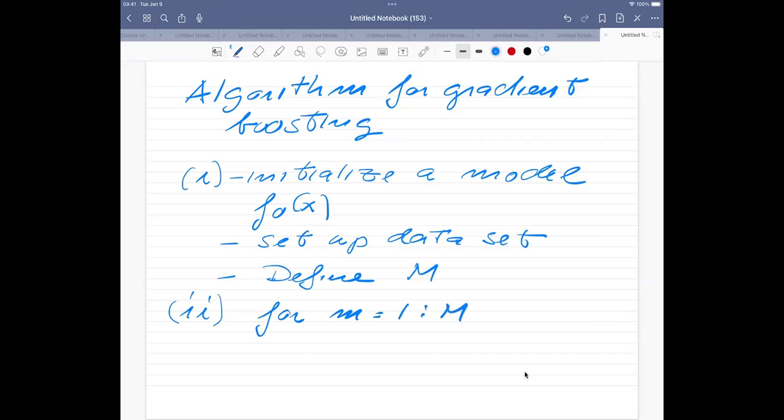If we're dealing with decision trees, this is going to be the number of trees which we want to compute. And then for every tree, we need to compute the difference between the prediction and the output. So the first step here is to compute these gradients.